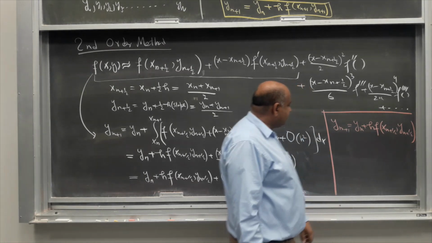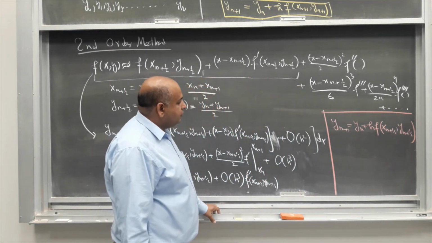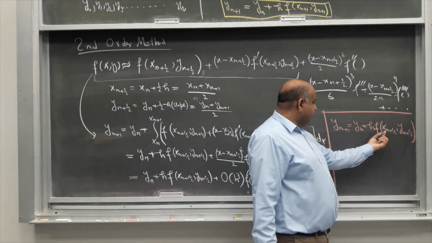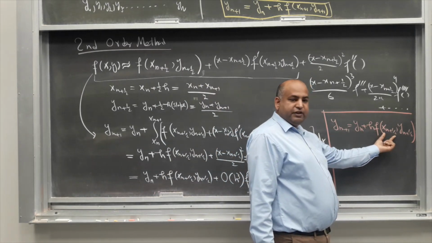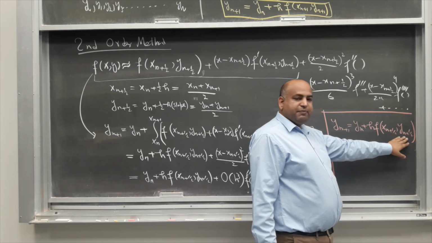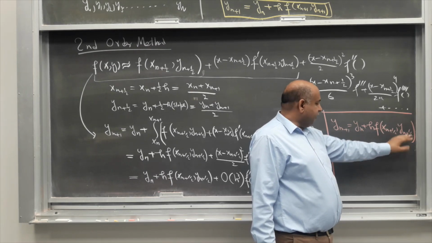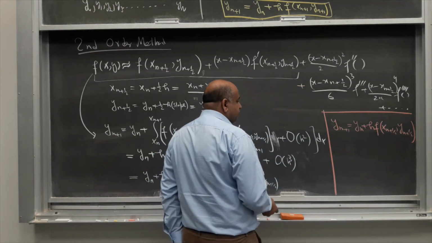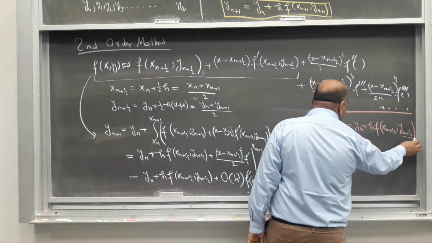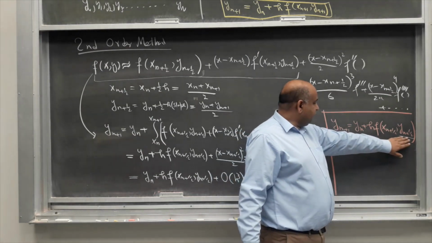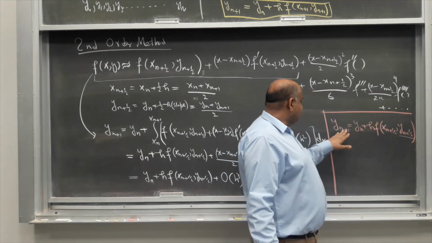Now, this method can be implemented in several ways, because we have yn and we have xn. We can compute xn plus half very easily, but to compute yn plus half, we need some other method to predict this value. The easier way could be to use the forward Euler method to find this in terms of yn and xn, and then once we have the value of this function, we can use it here to find yn plus 1.